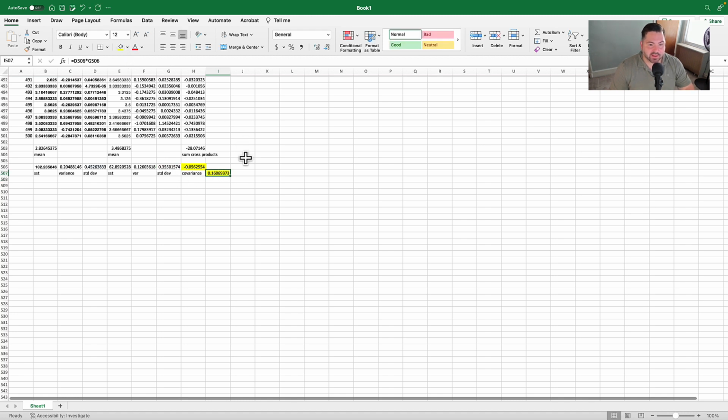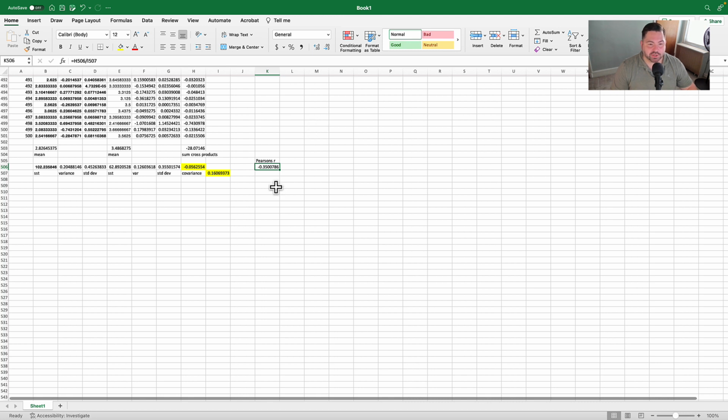So Pearson's R is the covariance divided by the standard deviation for X times the standard deviation for Y, and you can see that we get a Pearson's R of negative 0.350.